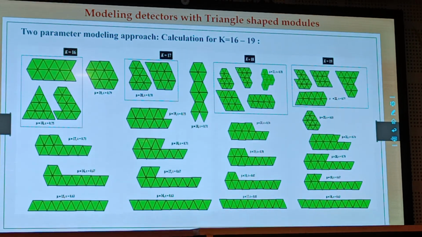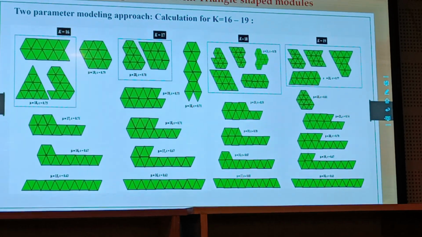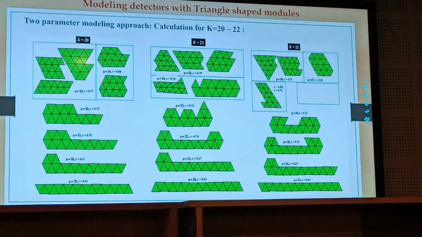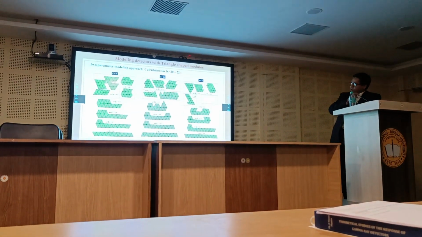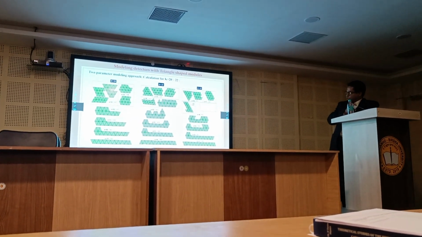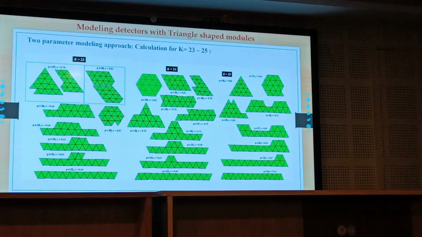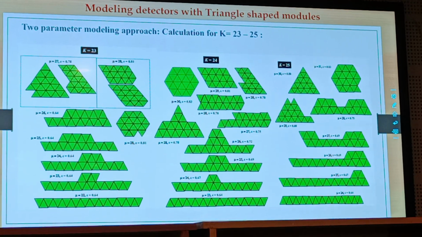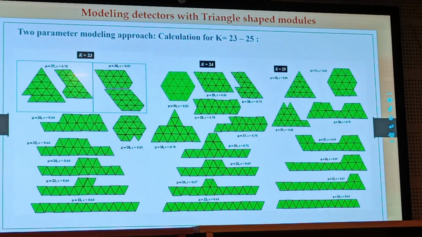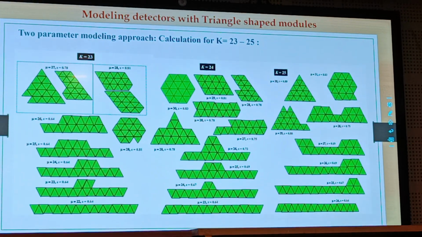Similarly, for k equal to 19, we get many types of configurations. For k equal to 20, there are also different numbers of configurations and corresponding values of mu and z. In this way, we considered up to k equal to 25, that is a composite triangular shape detector with 25 triangular detector modules.